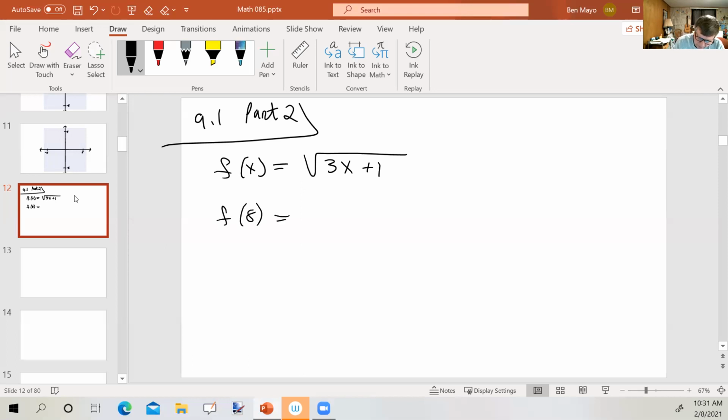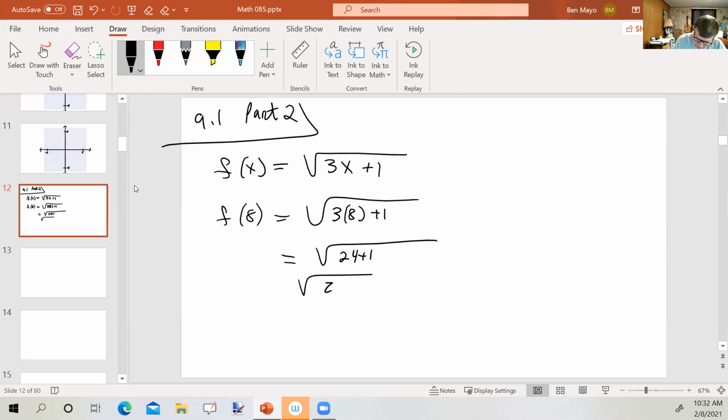So f of 8 would be the square root of the quantity 3 times 8 plus 1. But recall that a radical is a grouping symbol, so we'll simplify what's inside the grouping symbol. 3 times 8 is 24. 24 plus 1 is 25. The square root of 25 is 5. So f of 8 equals 5, which would be the point on the graph, 8, 5.